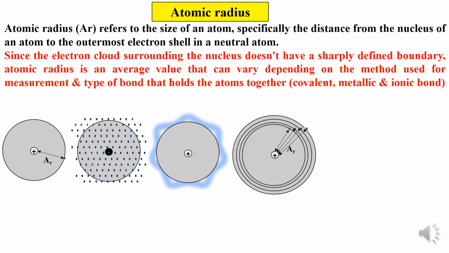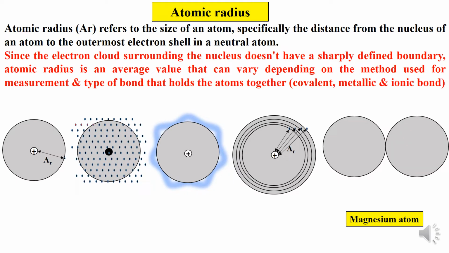So let me explain the measurement of metallic radii with respect to the magnesium atom. In the crystal lattice structure of magnesium metal, you will find the magnesium atoms closely packed to each other, and because of this close packing, you will see these magnesium atoms as closely touching spheres or circles.